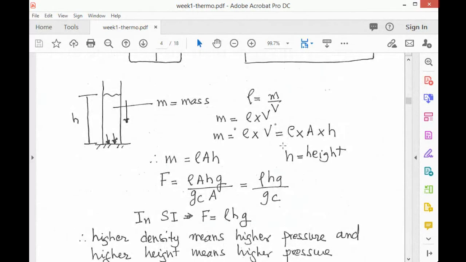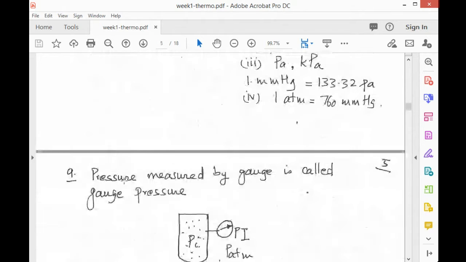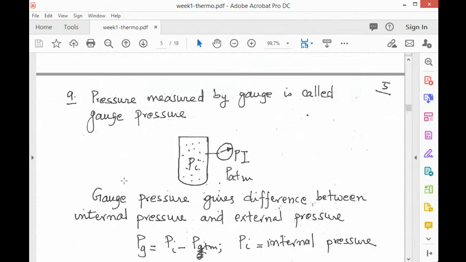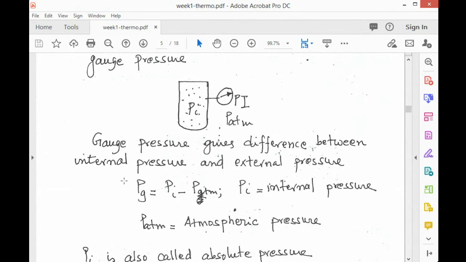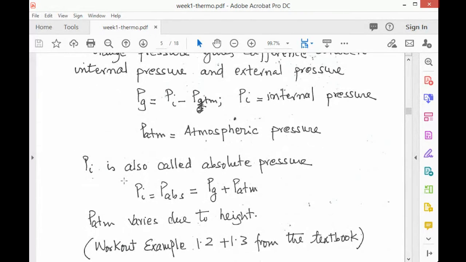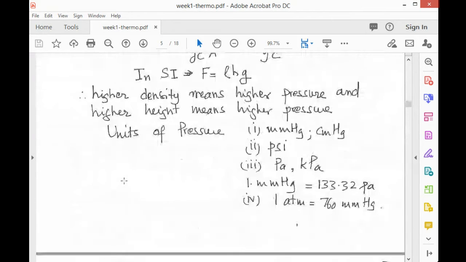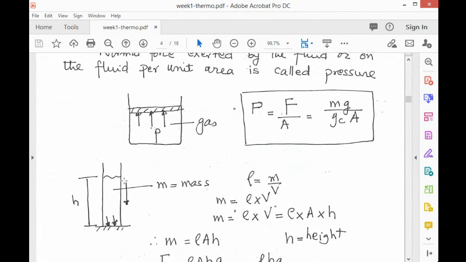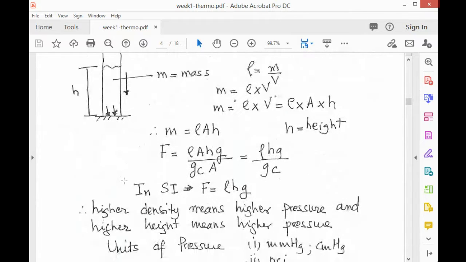This should be P, not F. We talked about pressure measurement, absolute pressure. This should also be P. P is equal to rho g h. That's by mistake I wrote it wrong.